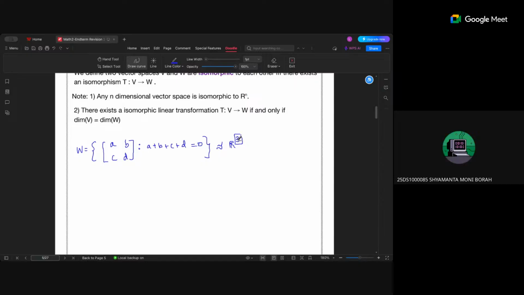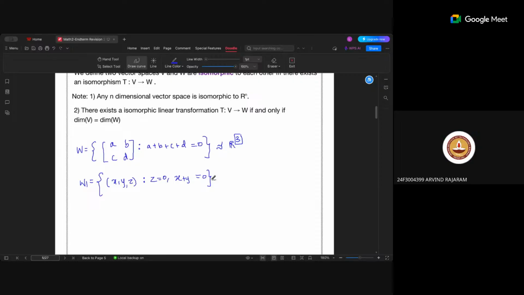Okay, so now let us say you have W1. Let us call W1 the set of all (x, y, z) such that z is equal to 0 and x plus y is equal to 0. Can you say which space it is isomorphic to?